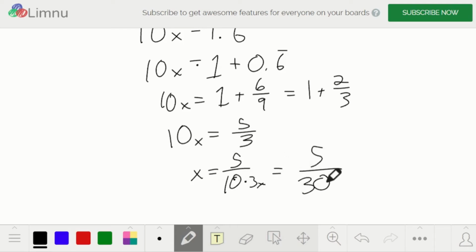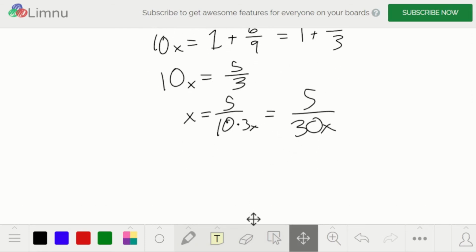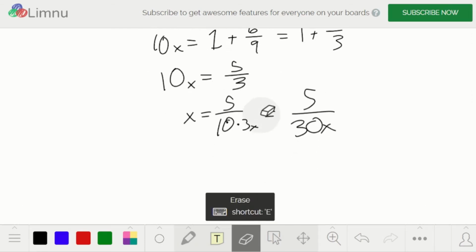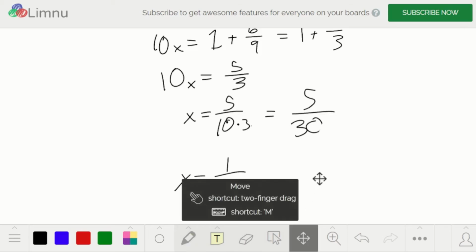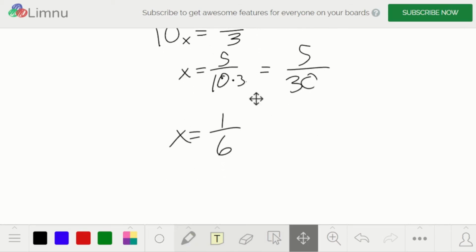So that's 5 over 30. We take out our common factor of 5, and this has become a 1 over 6. So 1 over 6 is the fractional representation of 0.16 repeating.